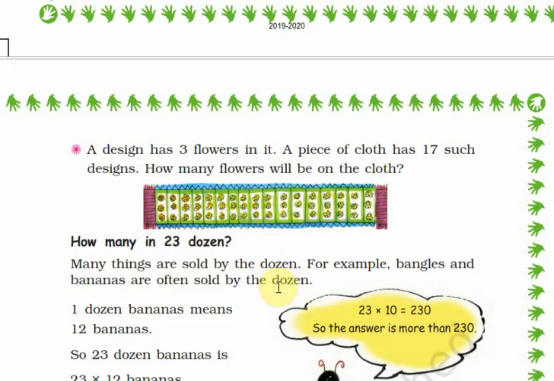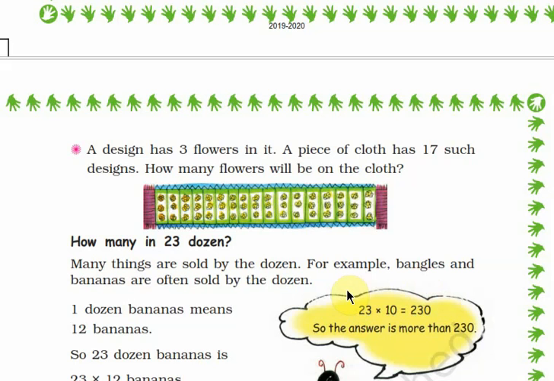Many things are sold by the dozen. For example, bangles and bananas are often sold by the dozen. All the girls will purchase bangles, isn't it? Have you ever counted how many bangles are there? Usually these bangles are sold in dozens. If you purchase a packet of metal bangles, you can see that it will contain 12 bangles.